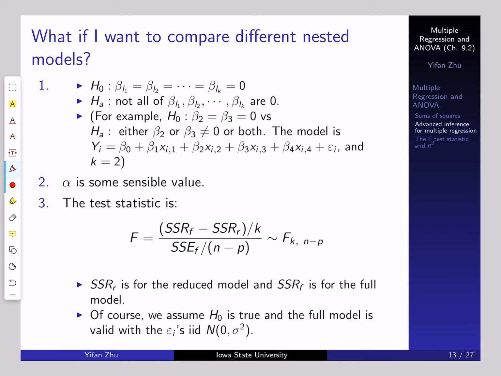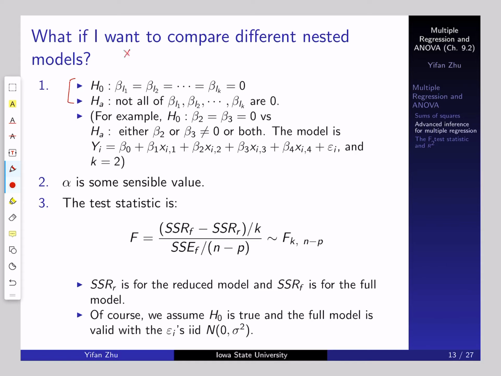What we will do to compare different nesting models is like this. We do this test, right? Because when you have nesting models, that means some of the predictors used in the full model are not used in the nesting model, right?